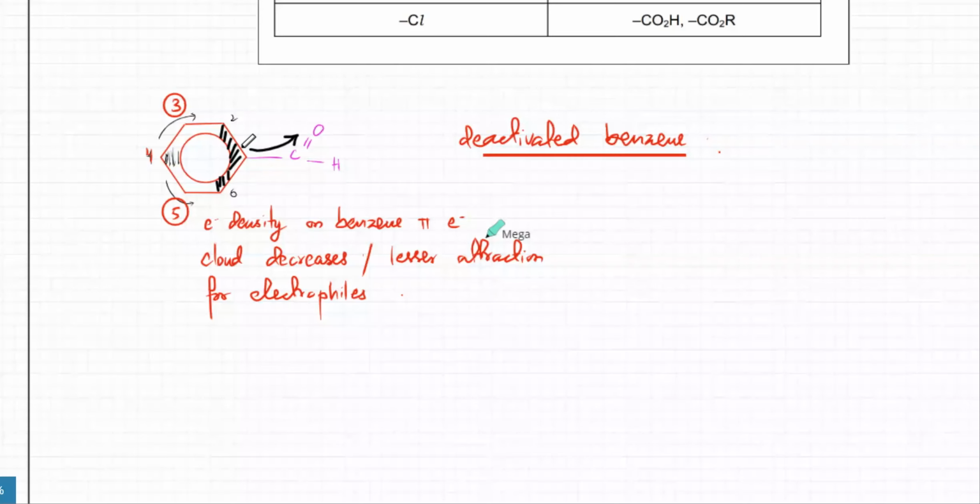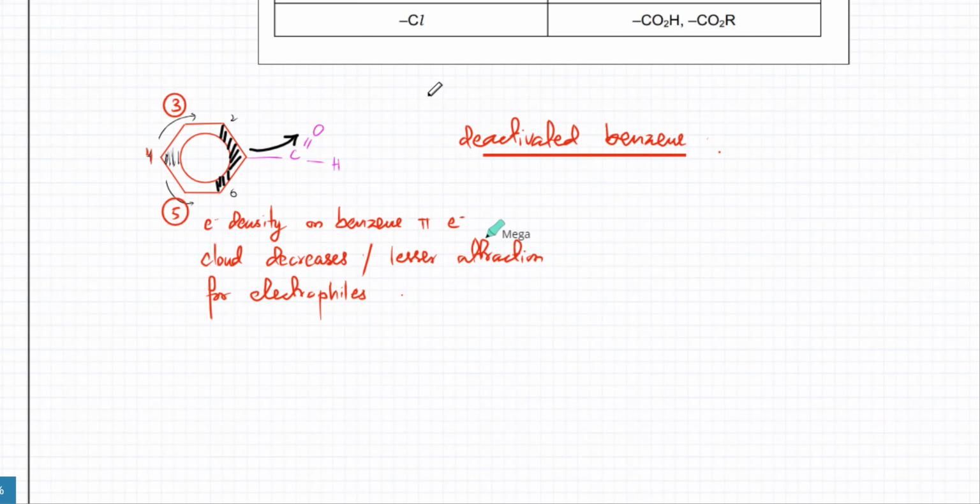So the electron density is really low at this position, and all the other electrons from the opposite side, they also got pulled towards the right. So electron density is also lesser at position number 4. So which is why you will have slightly more electron density at positions number 3 and 5. So that's where your electrophiles would probably end up.